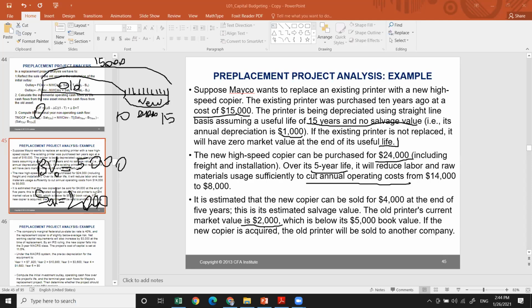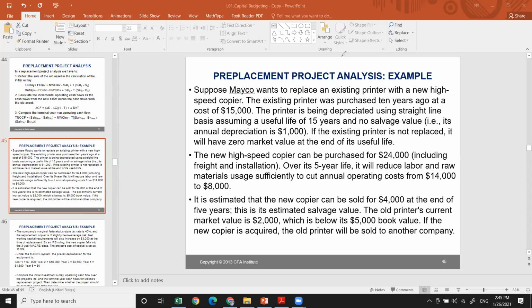Yes, very good. Because the salvage value is much less than the book value, we do not make any gain from the sale, we are even losing. So we need to get some subsidy from the government for this. This is what we understood, and the new copier is acquired and the old printer will be sold to another company. Let's move further.